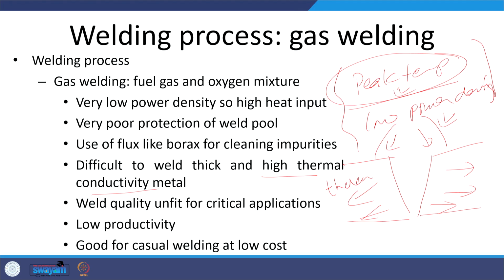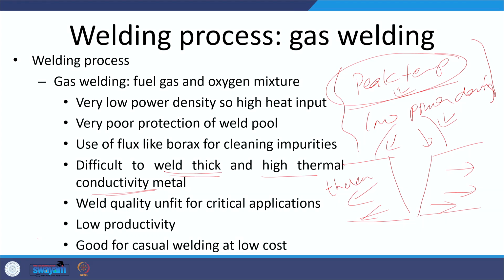So this makes the fusion and melting of the faying surface difficult, especially when the section thickness is very high or the thermal conductivity of the metal is high, because whatever heat is supplied will be dissipated to the underlying base metal, and that makes it difficult to attain the melting temperature for melting the faying surfaces.